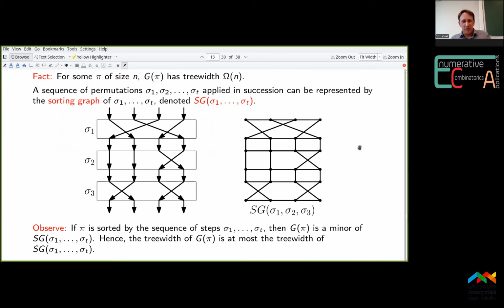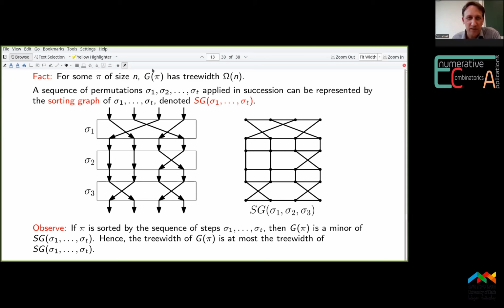But the consequence of this is, since we know that tree width is minor monotone, that if your sequence of permutations sigma 1 up to sigma t attempts to sort an input permutation pi, then the tree width of this sorting graph has to be at least as large as the tree width of the adjacency graph of pi.